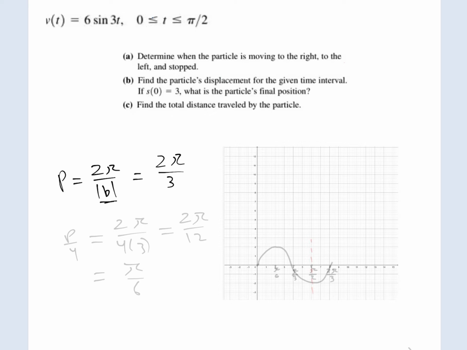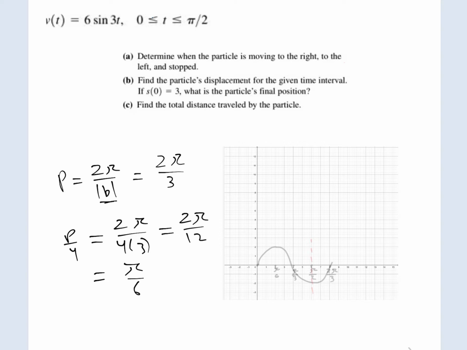Then we have to divide the period by 4 so we can graph it. It will be 2 pi over 4 times 3, which is equal to 2 pi over 12, which is pi over 6.